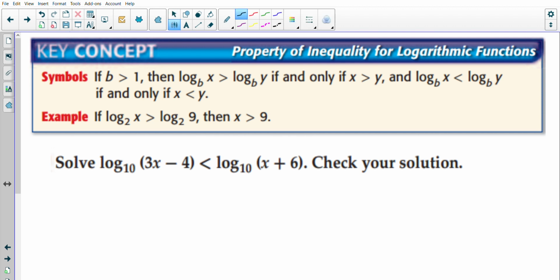So log base 10 of 3x minus 4 is less than log base 10 of x plus 6. Now all we're going to do is follow the inequality. So I get 3x minus 4 is less than x plus 6.